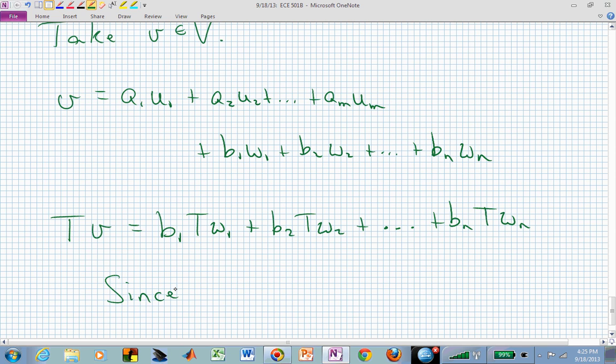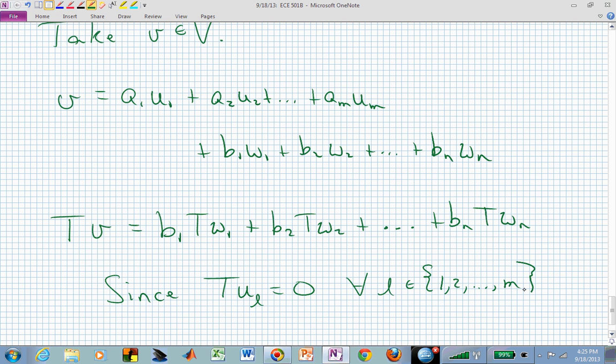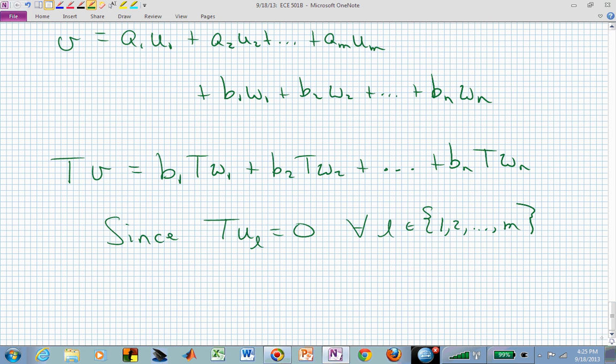And that's because all of these T u sub l's are equal to 0, for all l living in this set of integers 1 through m.